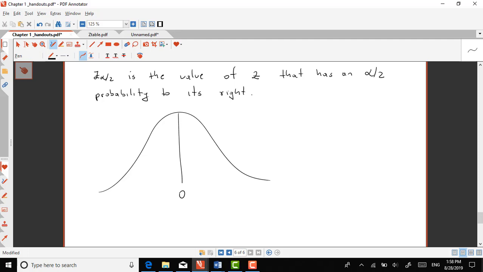I was telling you this Z alpha over 2 value is a value of Z. So here is a specific value of Z. Remember, here we have f of Z, and these are specific values of Z. So this is going to be a specific value of Z that has a probability to its right of alpha over 2.